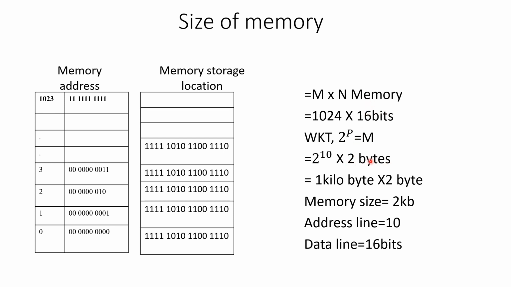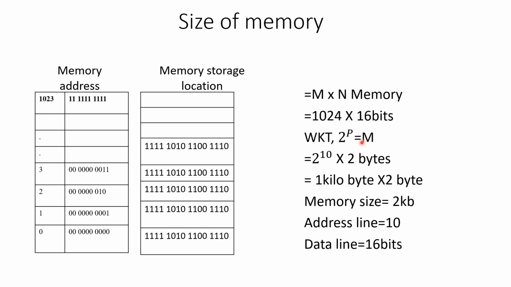The next, 1024. For this memory location, we already know the formula: 2 power p equals m. Here p is the number of address lines and m is the number of memory locations.